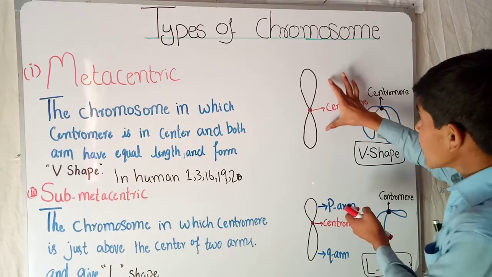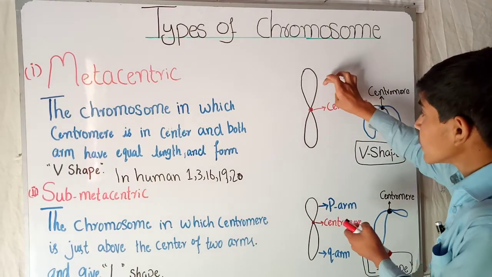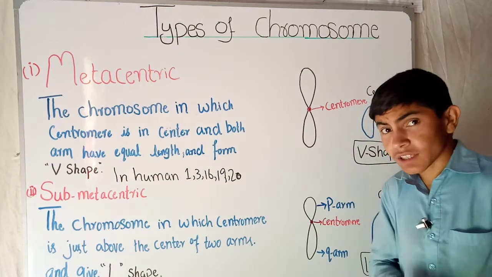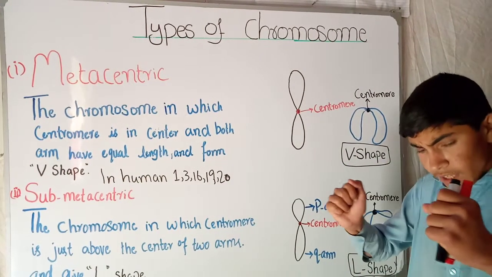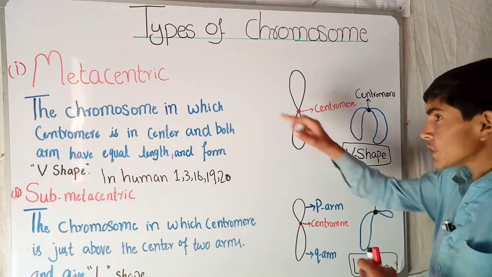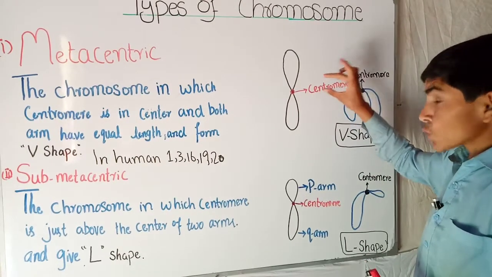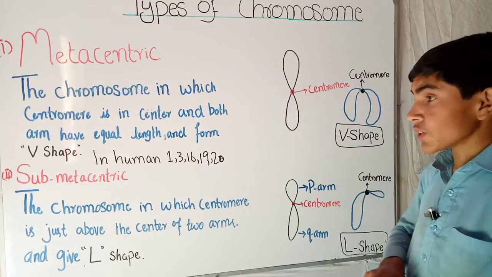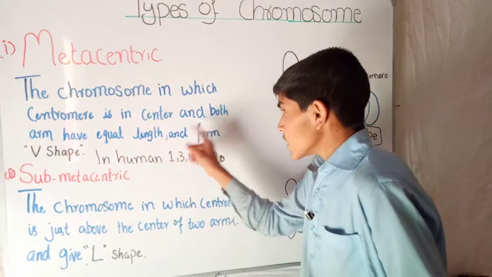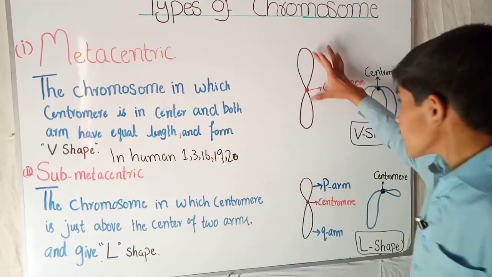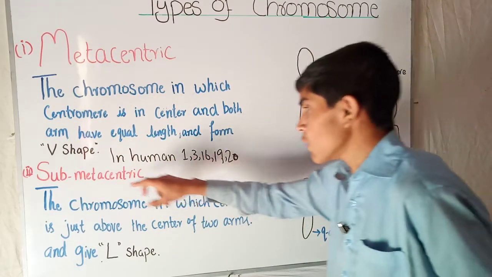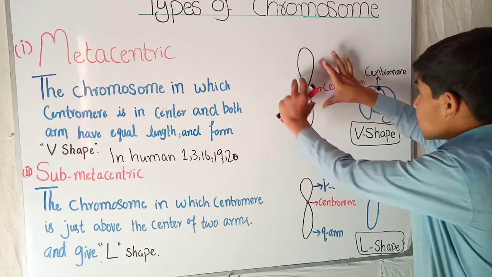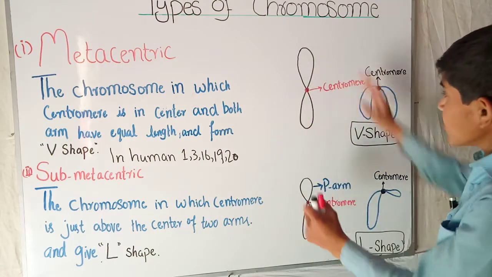Both arms have equal length from the centromere, and it gives a V shape.